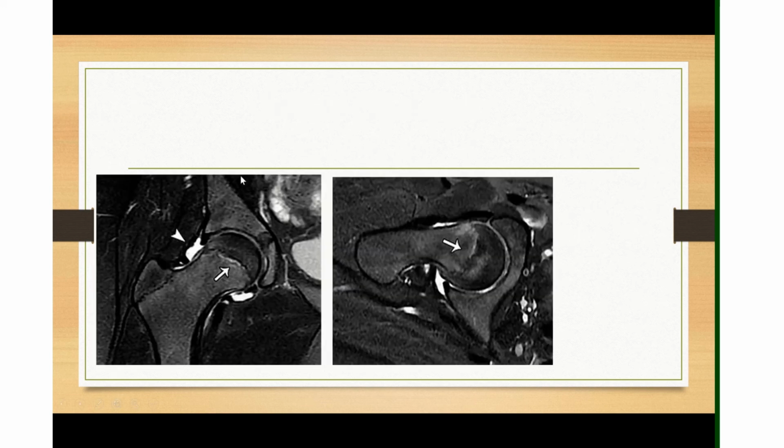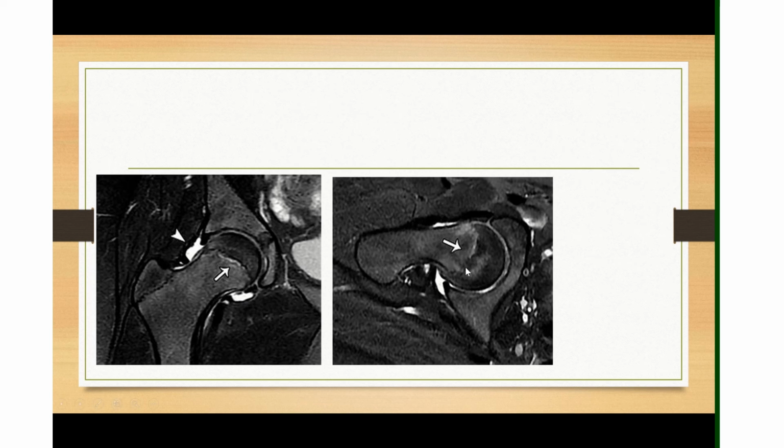So what are the findings? You see the acetabulum, you see the epiphysis, the physeal plate, the metaphysis. Okay, so what is the finding here? You can see the joint effusion, which can be a feature of slipped capital femoral epiphysis. It's a very non-specific finding though.